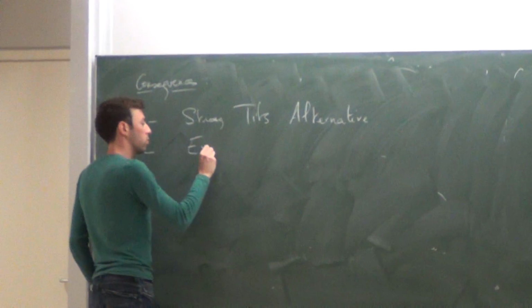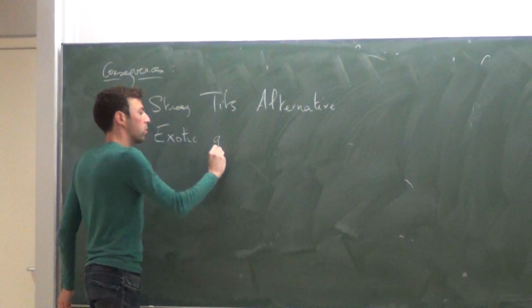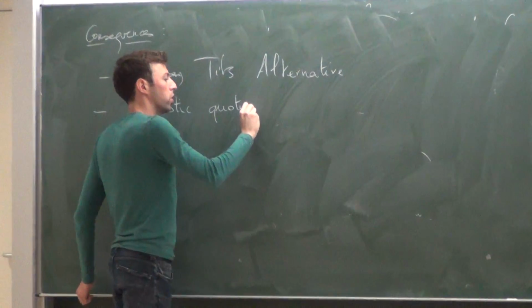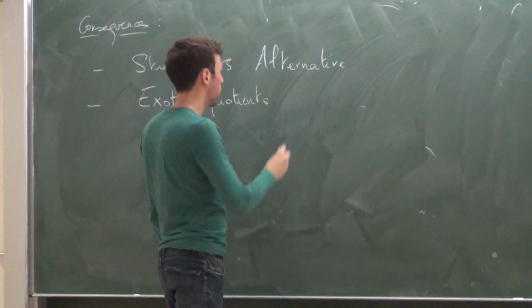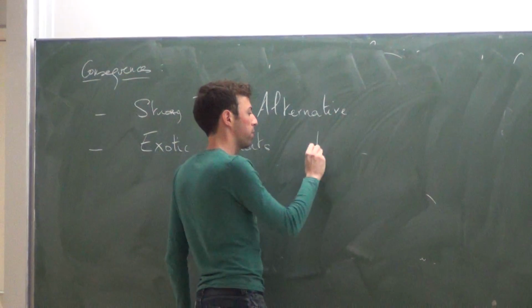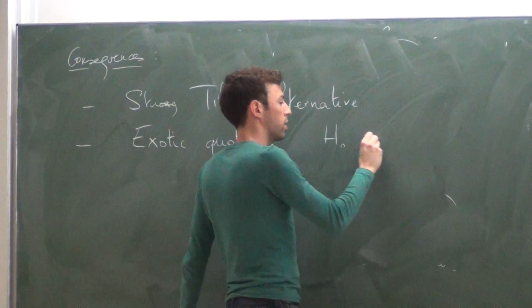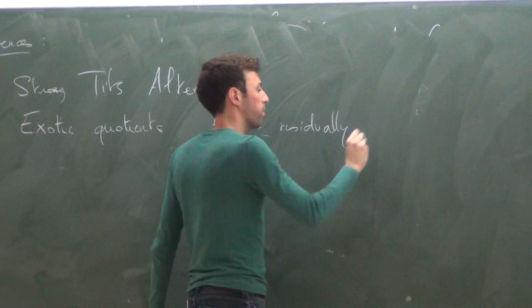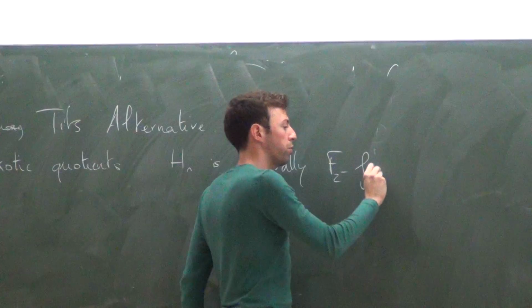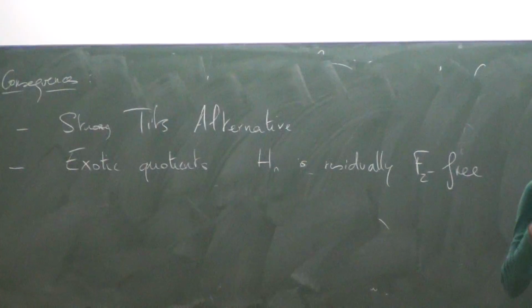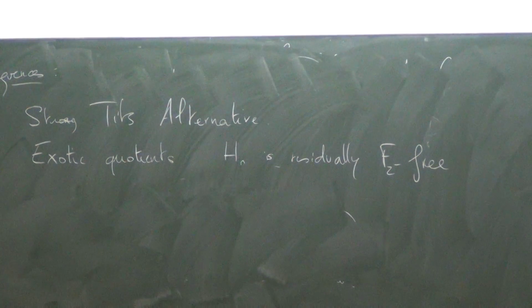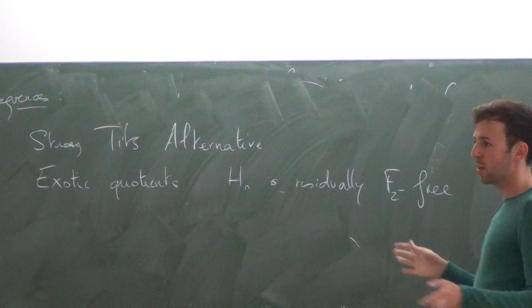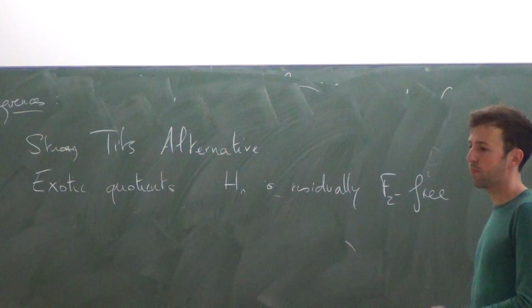You can also use the action to construct exotic quotients using small cancellation arguments. So in particular, you can show that the group Hn is residually F2-free, meaning that every element of the group survives in an infinite quotient that does not contain a single copy of F2.